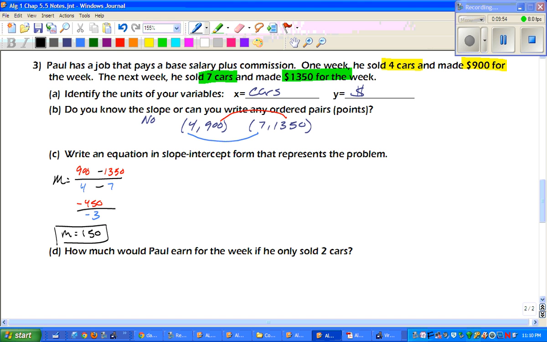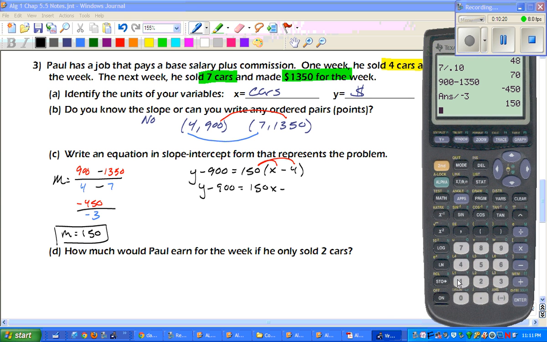And now we can use either of those points to figure out the rest of the equation. So I'm going to go with the smaller numbers. So we get y minus 900 equals 150 times (x minus 4). So we need to distribute the 150 to everything inside. 150x, and I believe that's 600. 150 times 4.